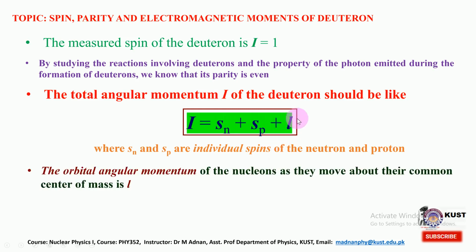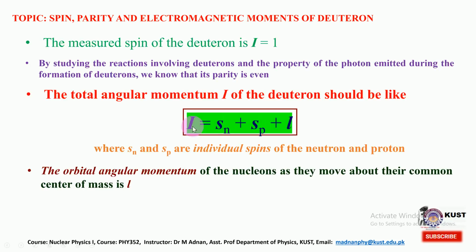And the important thing is that this L is not regarding the one nucleon, but the orbital angular momentum of the nucleons as they move about their common center of mass is L. If you remember in my last lecture where we were discussing the interaction potential between the nucleons of this nuclei deuteron, there we have discussed the concept of reduced mass. So again this L arises once we are talking about the relative coordinates.